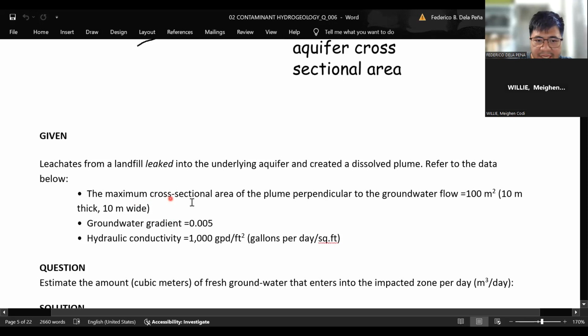The cross-sectional area of the plume, or the cross-sectional area of the flow, is 100 square meters. Your groundwater gradient, or hydraulic gradient, is 0.005.